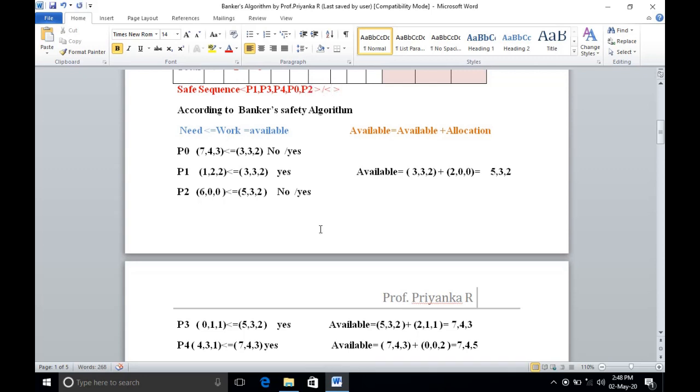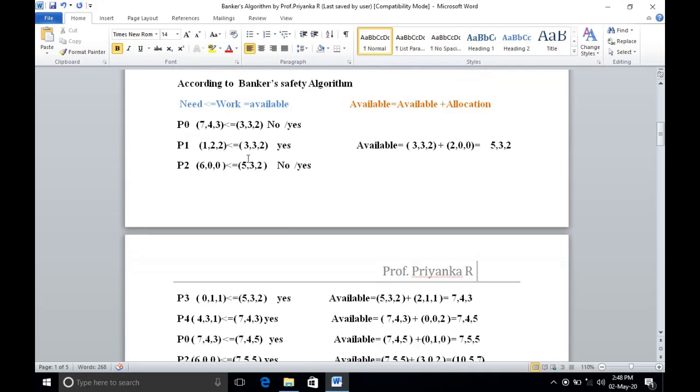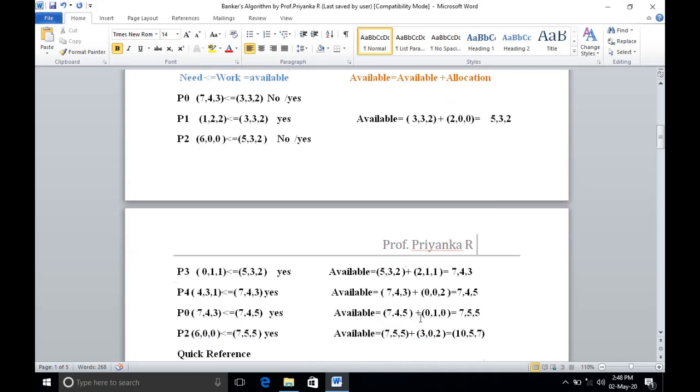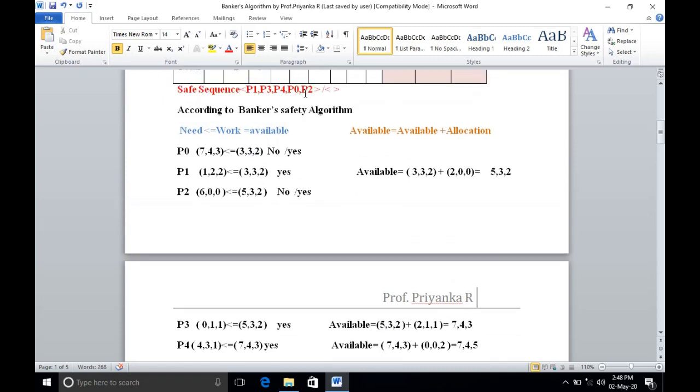You might have a doubt whether we have to go for P0 or P2. Both requests can be satisfied once you reach the stage after P4. You can check that either P0 or P2 can be satisfied. P2 can also be satisfied and P0 can also be satisfied. So there are two safe sequences here, according to how you solve the numerical.